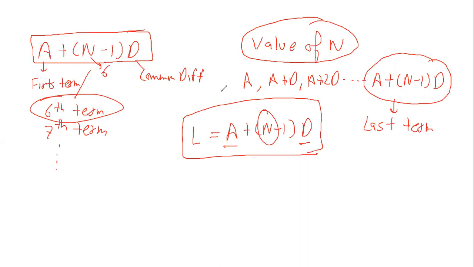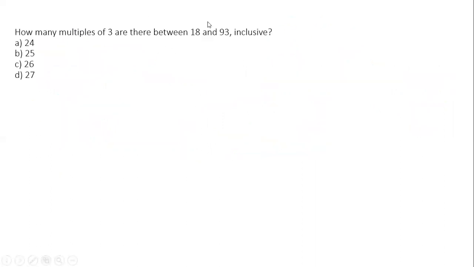So guys, let's take a couple of formulas and let's try to understand a couple of questions, and let's try to understand the significance of these formulas. So let's say this is the question. Now here it says, how many multiples of 3, that's important, are there between 18 and 93?